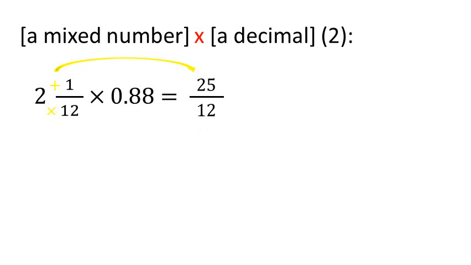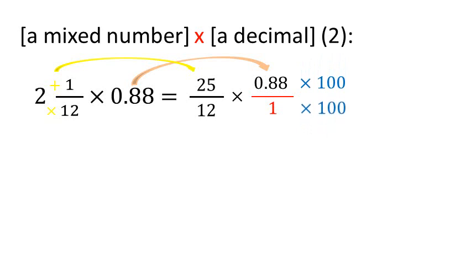A decimal, 0.88, can be changed to 0.88 over 1. Then we need to eliminate a decimal in a fraction, so we multiply 0.88 by 100 and the denominator 1 by 100. Then we have 25 over 12 times 88 over 100.